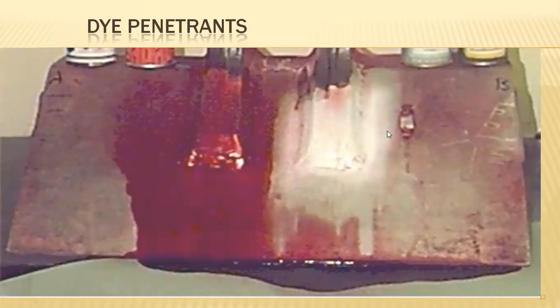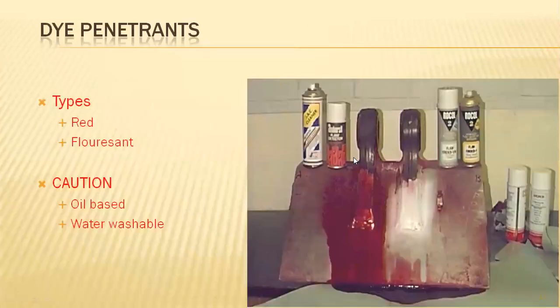This is the specimen, and applying the color penetrants. Dye means different types of colors. So different color orientation dyes will be used here, and based upon that the inspection will take place. Here it's clearly showing different types, there is red color and fluorescent displays.